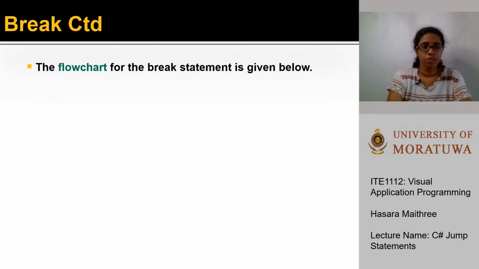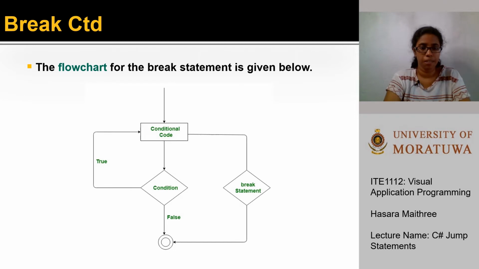Now let's look into the flow chart of the break statement. Here you can see that this is the conditional of the loop body, and based on the condition we determine whether we enter into the loop or not. If it is true, we enter into the conditional code, otherwise we go into the program termination.